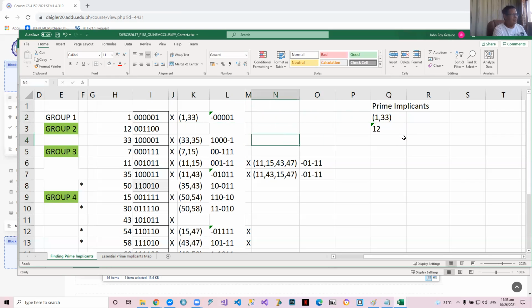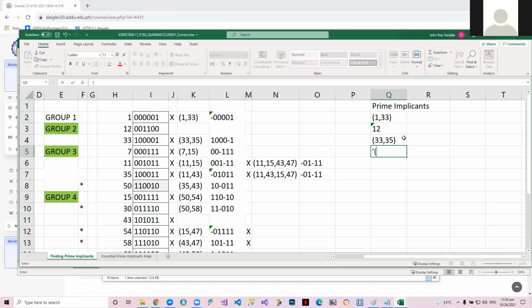Okay? And then, yung walang X. Do you follow? Yung hindi naka-X, these are the prime implicants. So, we'll have 33, 35. Do you follow? Okay, and then we'll have, okay, 7 and 15.